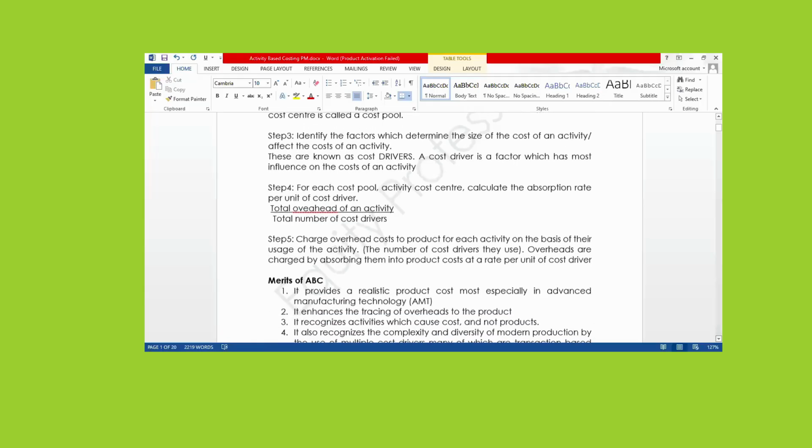Then the final step, charge overhead cost to product for each activity on the basis of their usage of the activity, that is, the number of cost drivers they use.